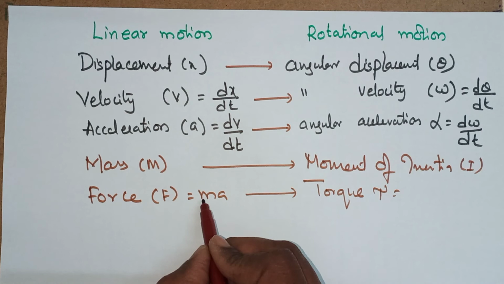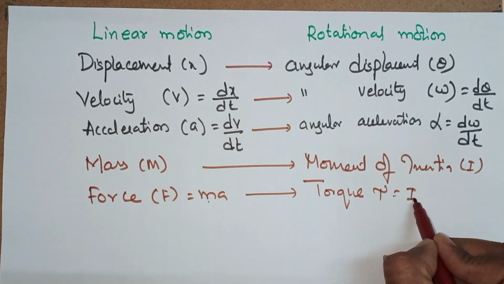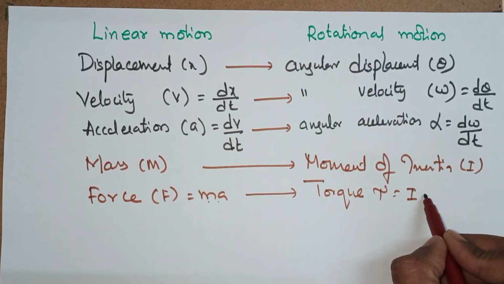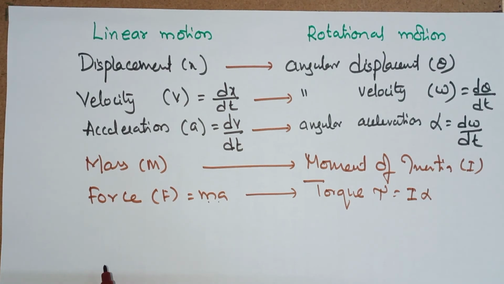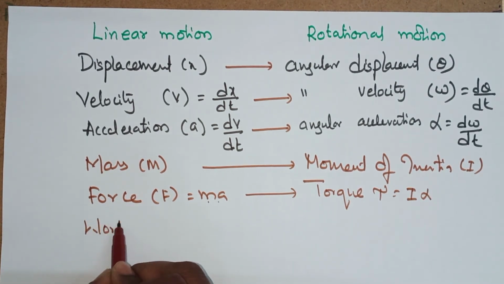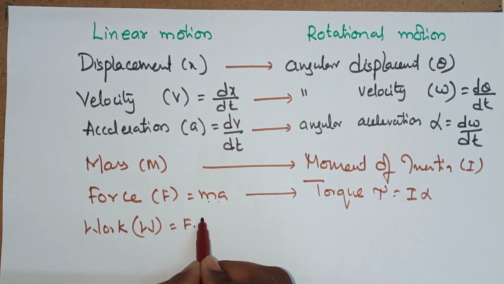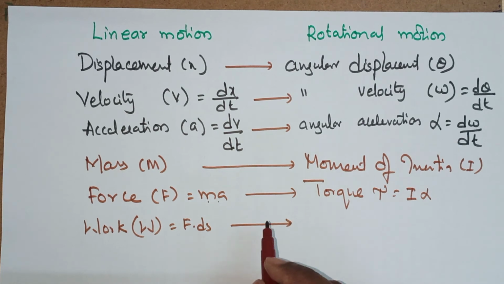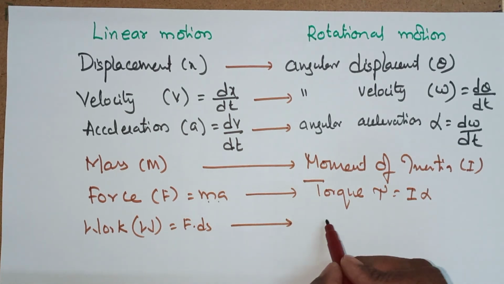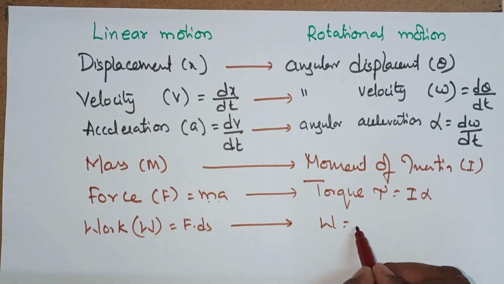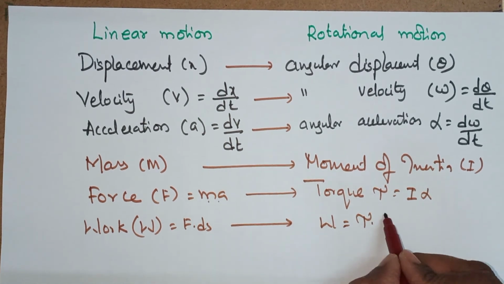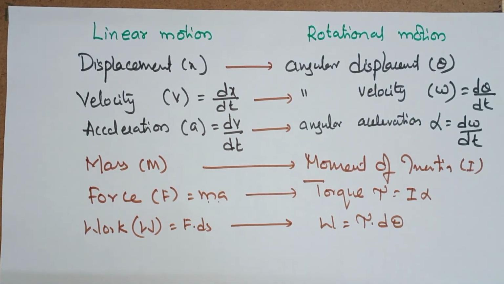Tau is equal to I alpha. Work W is equal to F into ds; here work is equal to tau d theta.